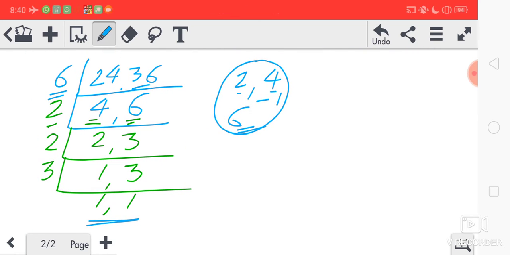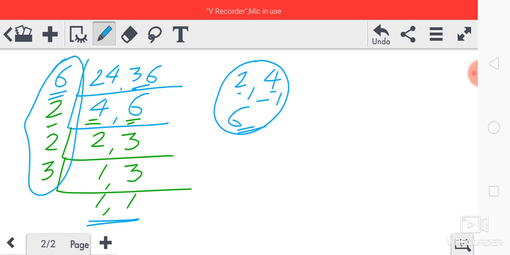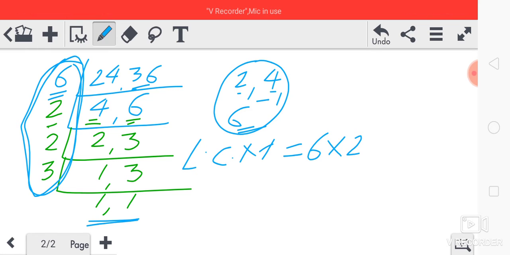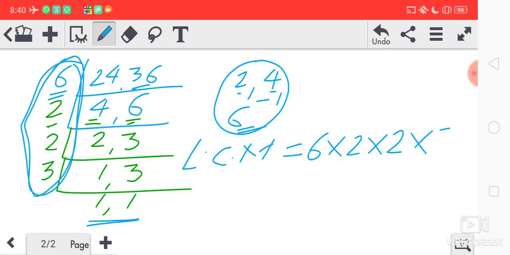Now what will you write? All the left side, whatever we have got, all those multiplied will give its LCM. So what will we write? LCM is equal to what? See the left side, what we have got? 6, then into 2, then into 2, then into 3.